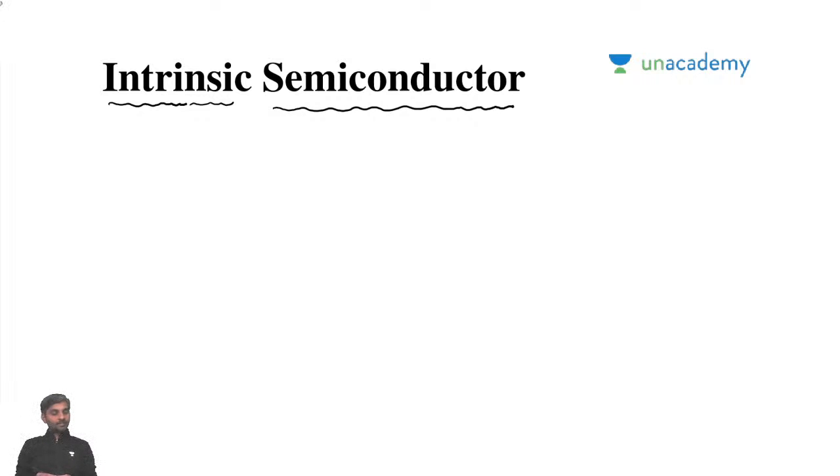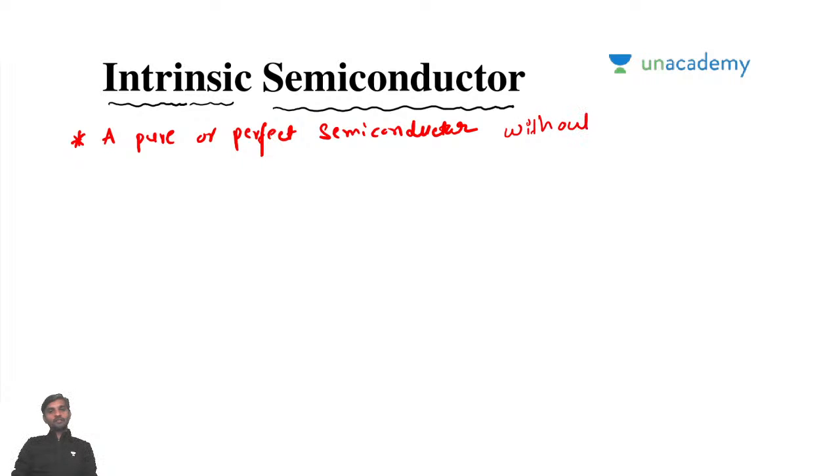A pure or perfect semiconductor with no impurities is called an intrinsic semiconductor.